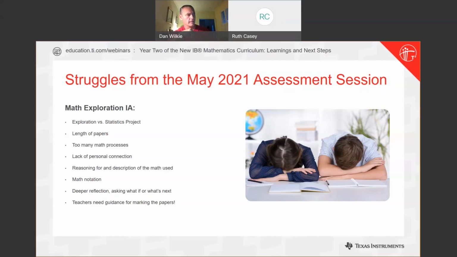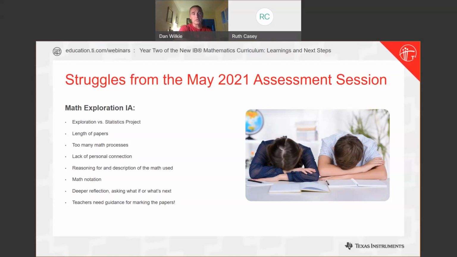A big thing with the math exploration is making that personal connection. And students would initially say something about that in the opening of the paper, which was great. This is how I picked the topic. This is why I liked it, that sort of thing. But then they lost that personal connection as they went through the paper. And it's really important, as they go through the paper and as they work through the results, to really ask those questions.